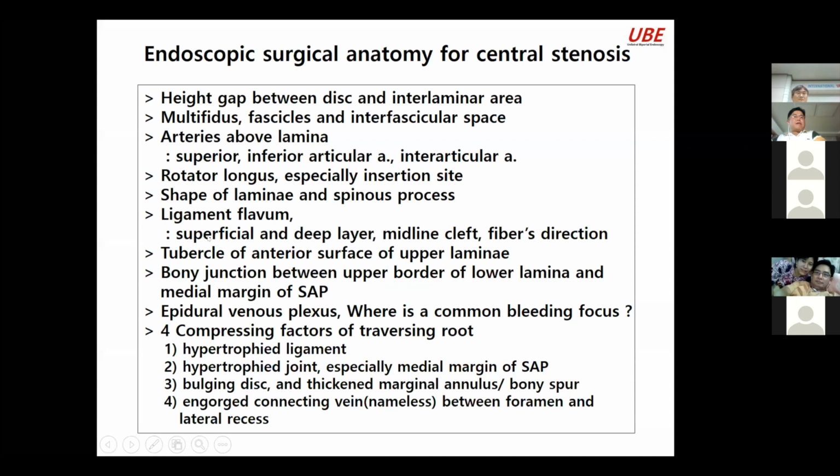You know, superficial and deep layer, midline cleft, fiber direction, always transverse.